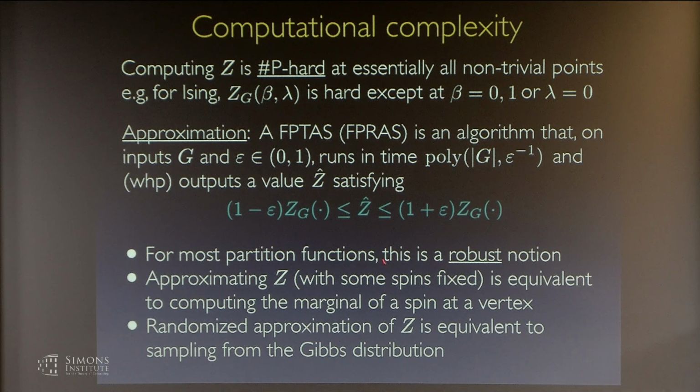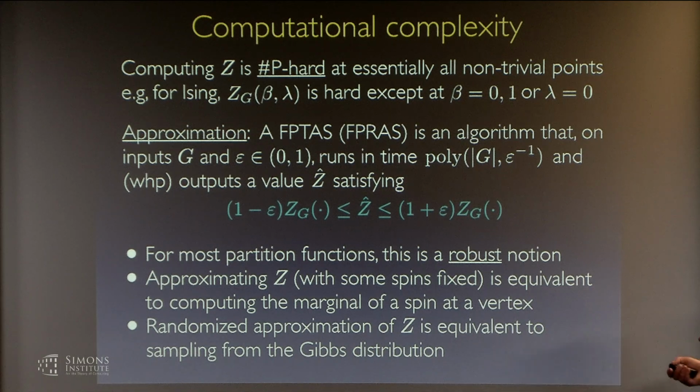Now, it turns out this is not an arbitrary definition. Unlike approximation guarantees in optimization problems, for a wide class of partition functions this is, in fact, a robust notion. So if I give you any kind of semi-decent approximation algorithm for a partition function, then I can bootstrap it to one that satisfies this condition, so one that is arbitrarily good.